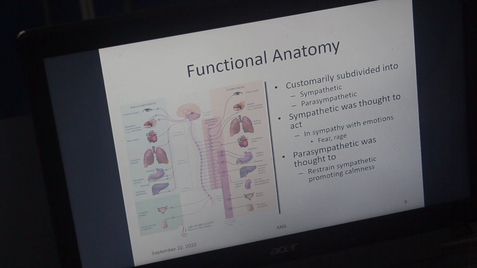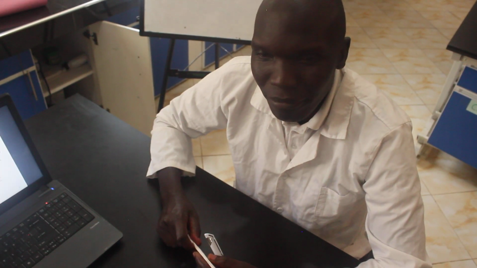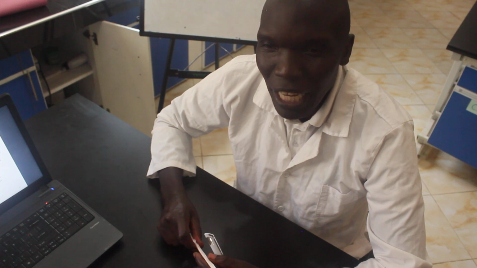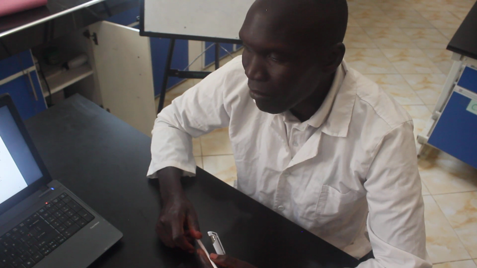But if a snake dropped around, you would find yourself running around or looking for something to hit the head of this snake, meaning the sympathetic nervous system would be activated. But the parasympathetic nervous system keeps you calm, like you are in peace, relaxed. That is the control of the parasympathetic nervous system.